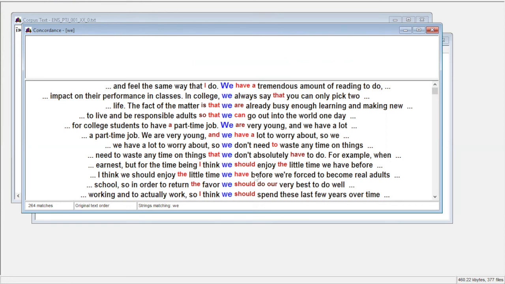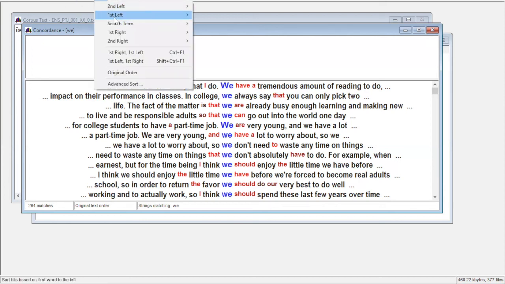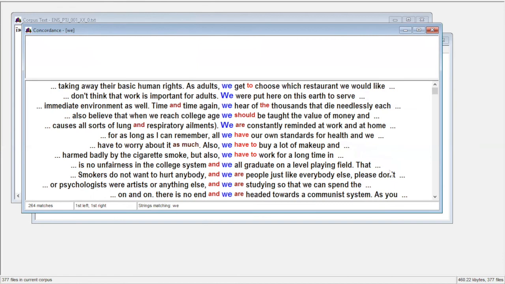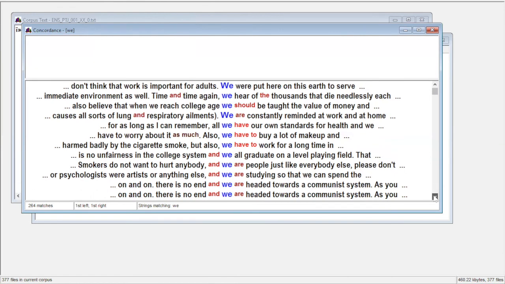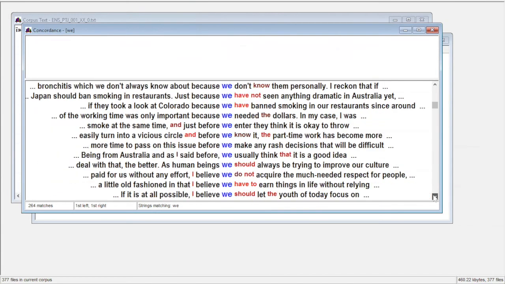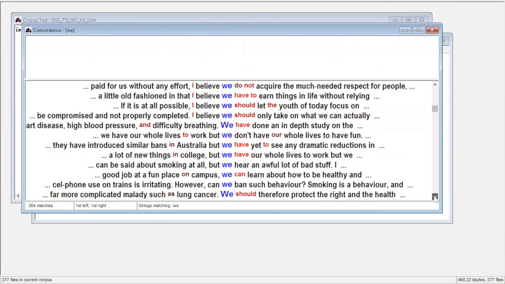So in the way they refer to people or society, there's just less use of "we". If we do the same sort, first left and first right: I believe we should.